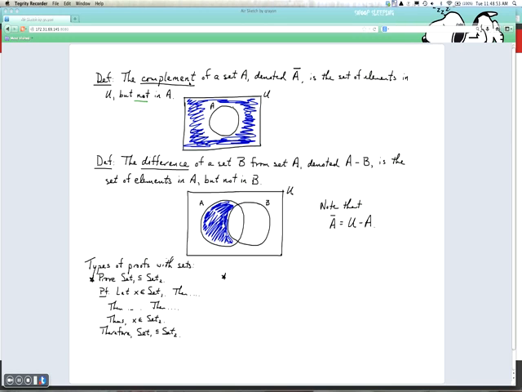The other thing you'll see is where we want to prove that two sets are equal. So here's set 1. I want to show it's equal to set 2. This is basically the set equivalent of our if and only if proofs, right?